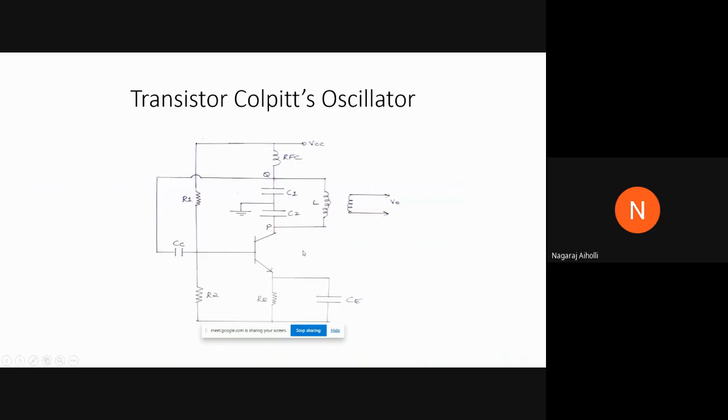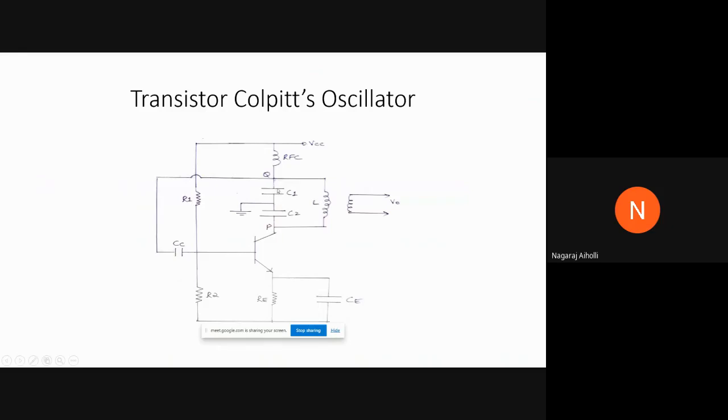Hence, there is a phase difference of 180 degrees between the signal at point P and the signal at point Q.